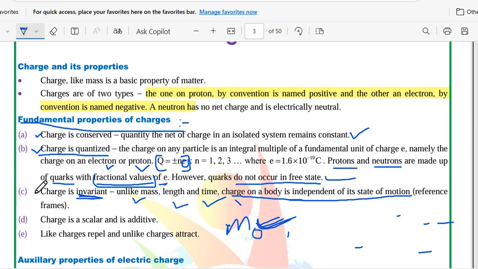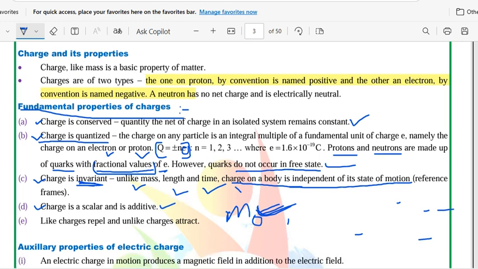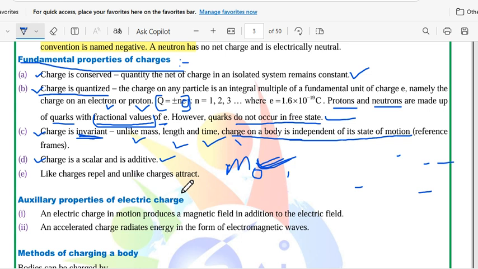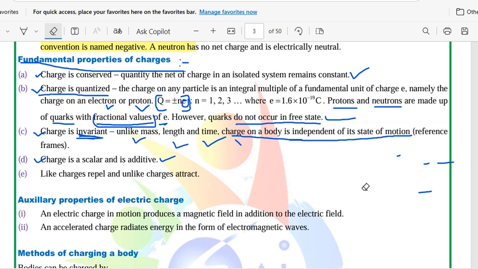Next, charge is invariant, okay. And the next property, that is charge is a scalar and it is additive. In the earlier class, I told you that charge is a scalar quantity. What do you mean by scalar? Which has only magnitude but no direction. Such properties are related to charge.